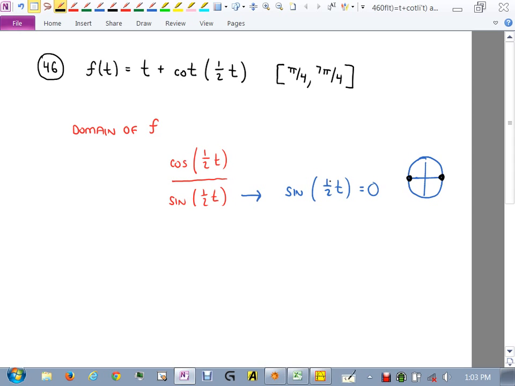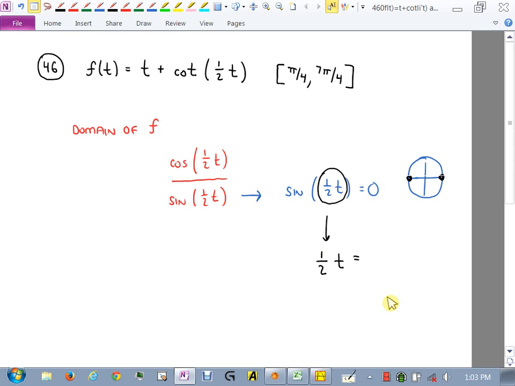That means you need the argument of this trig function, 1/2 t, to be equal to 0 or pi, or 2 pi, or 3 pi, or 4 pi. So I need all the general solutions here.